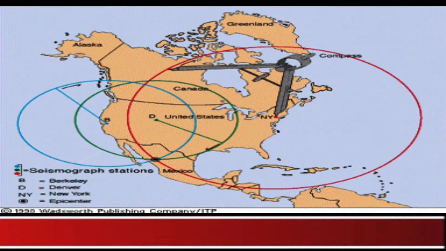So they will plot circles on this map using the distance as the radius of their respective circles. So we have here 3 circles, and where the 3 circles intersect, that is the location of the epicenter of an earthquake.